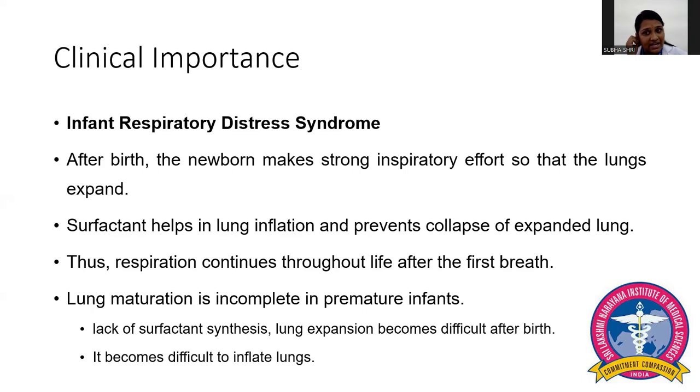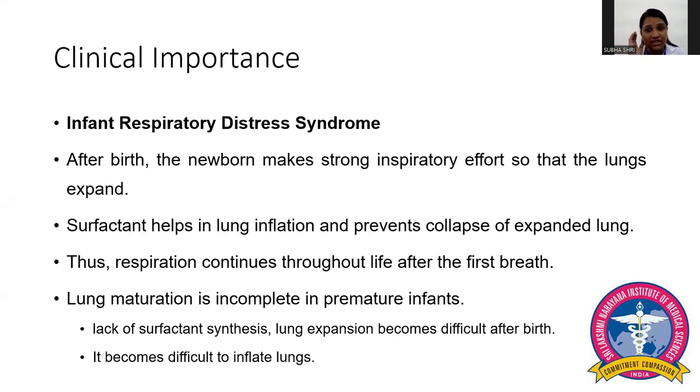So imagine a premature child, born even before 34 weeks. There will not be any surfactant in the lungs of the child. Only if surfactant is there does it prevent lung collapse. So in a premature child, because of no surfactant or very little surfactant, alveolar stability cannot be maintained and alveolar collapse cannot be prevented.